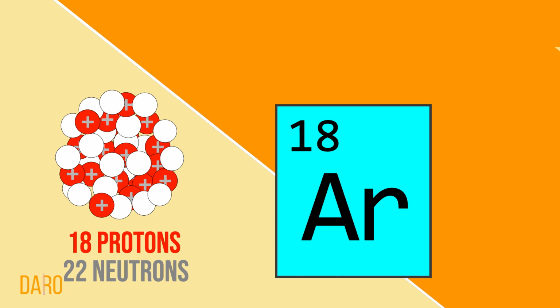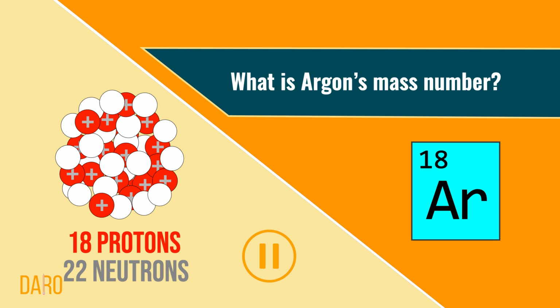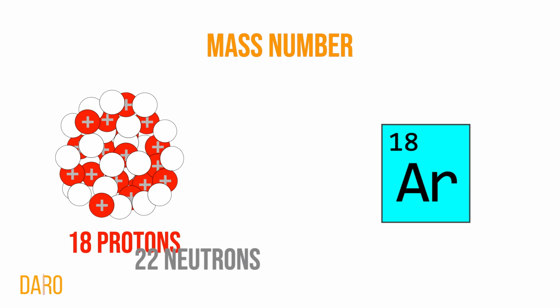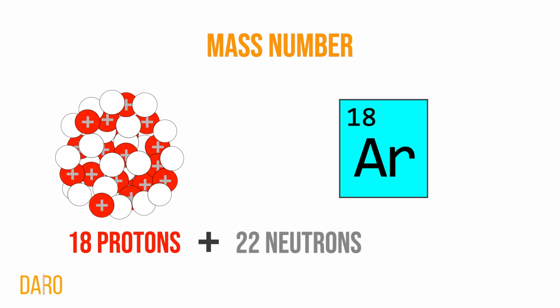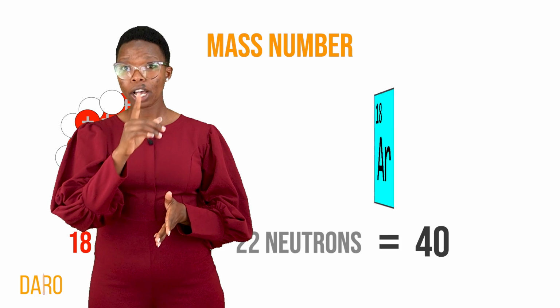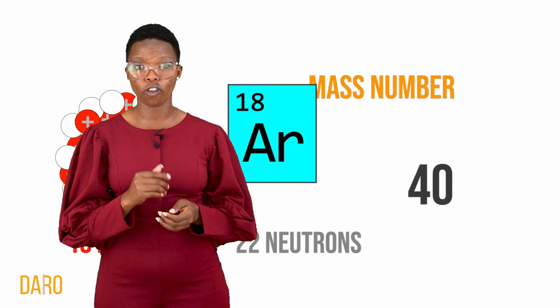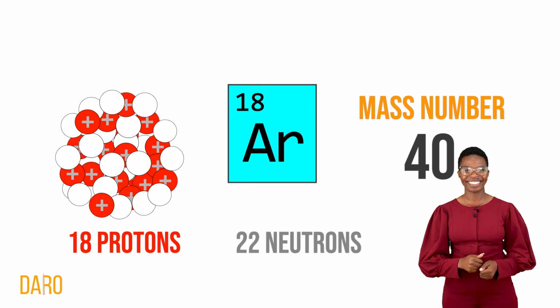What's its mass number? Yes, 18 plus 22 equals 40. Therefore, it means argon has a mass number of 40. Easy, right?